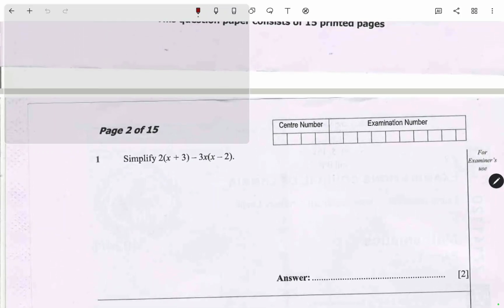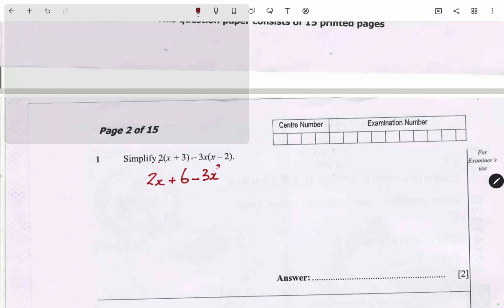Okay, let's solve this last one. Then the next one, it will be your classwork. So simplify. Again, we open the brackets. 2 times x, this will give us 2x. 2 times 3, this will give us 6. Negative times positive, it will be negative 3.